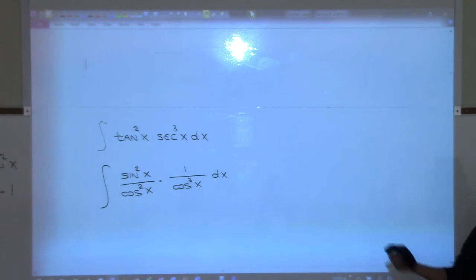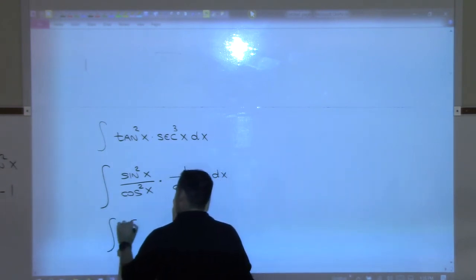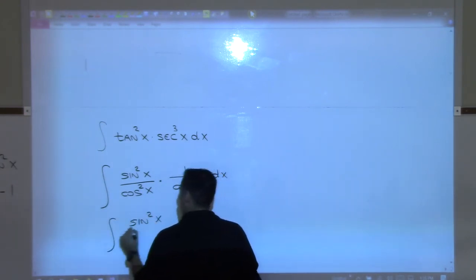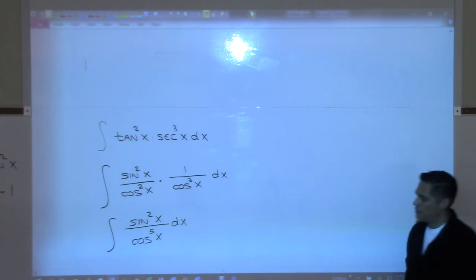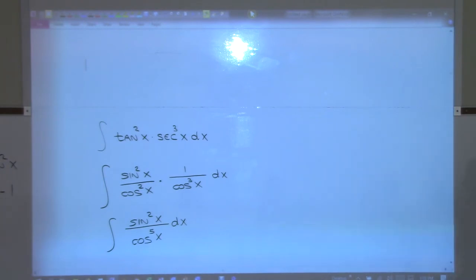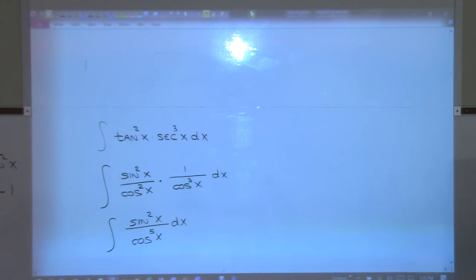That seems reasonable so far? This would be sine squared x over cosine to the 5th x dx. Can we do anything with that?